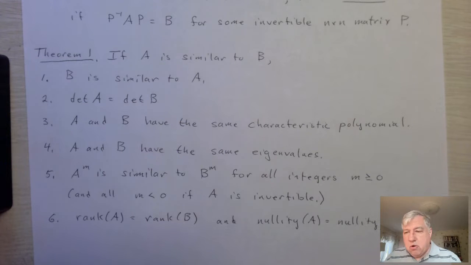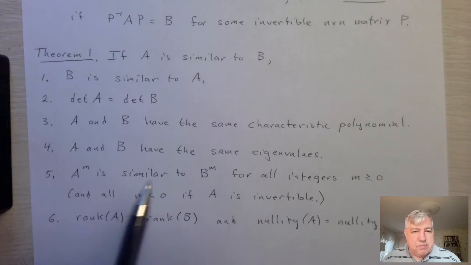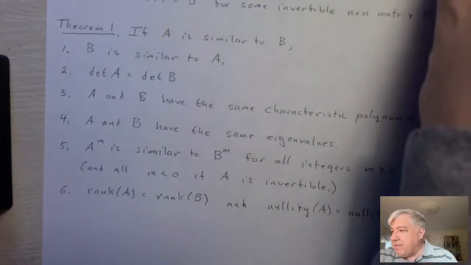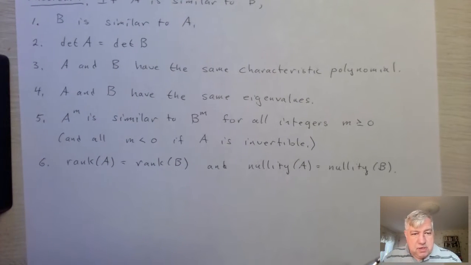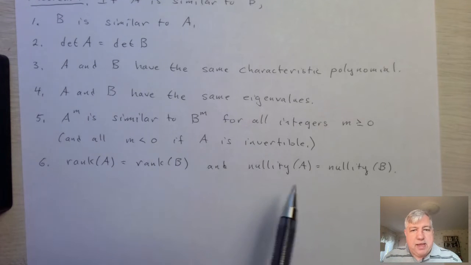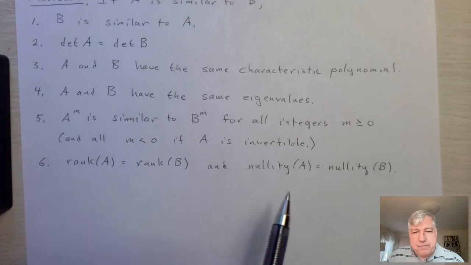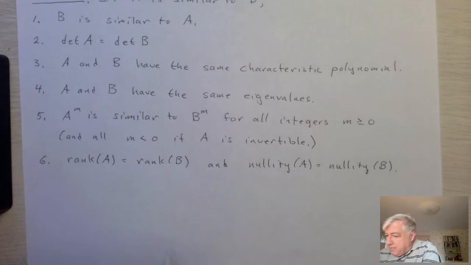And the corresponding powers of A and B are going to be similar to each other. That's true, and you can even bring in negative exponents if A is invertible. We're also going to see that if two matrices are similar, they have the same rank and the same nullity. So we're going to prove all of these, and the proof of this one isn't going to be too bad.